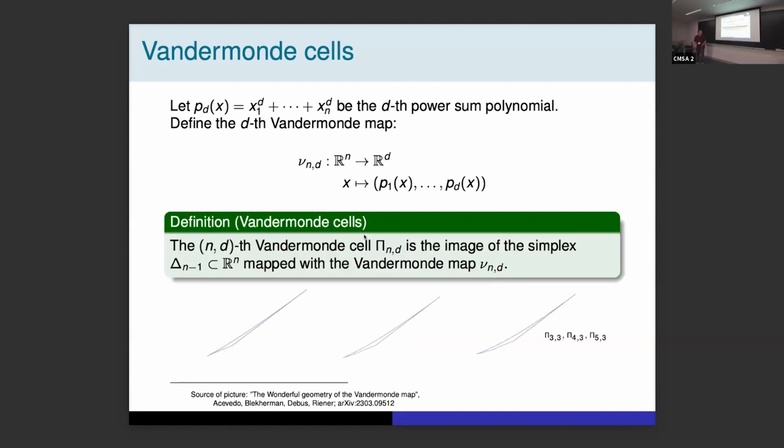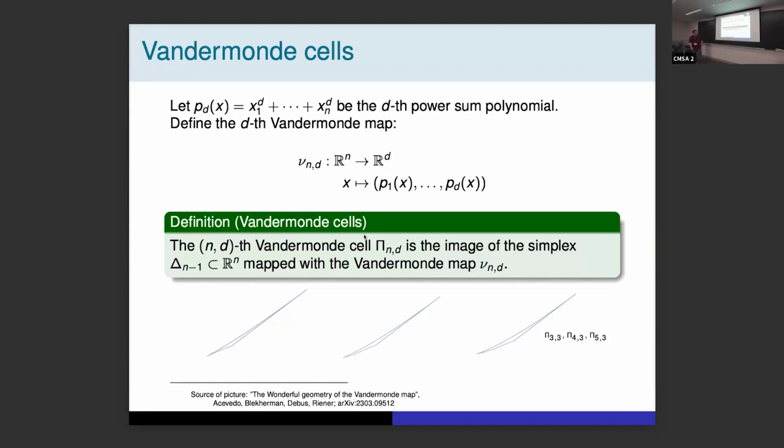So then from this, the (n,d)th Vandermonde cell, denoted by pi_{n,d}, is the image of the probability simplex. So all elements in R^n that have coordinates bigger or equal than 0, and also the coordinates add up to 1. And we map them with this Vandermonde map, and the image is the (n,d)th Vandermonde cell.